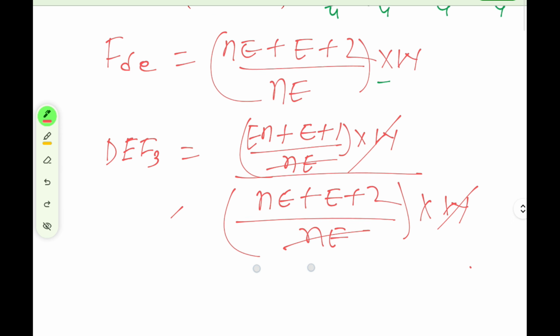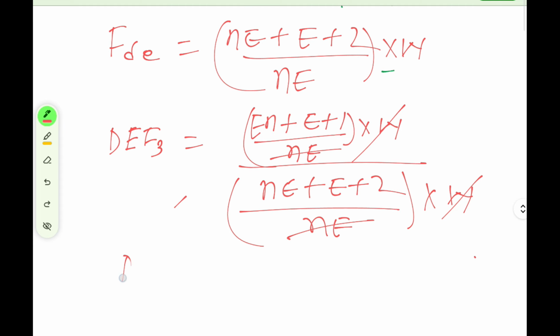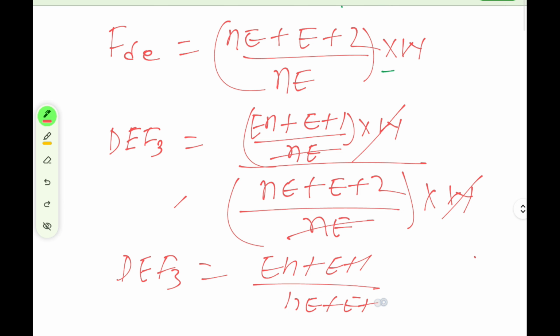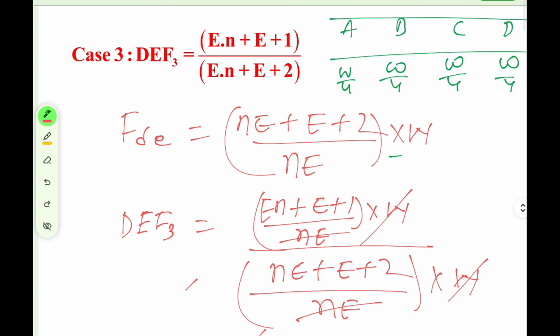You will get the final value of DEF3 as (Ne plus E plus 1) divided by (Ne plus E plus 2), right. This value you will obtain. So this is all about the load distribution, right.